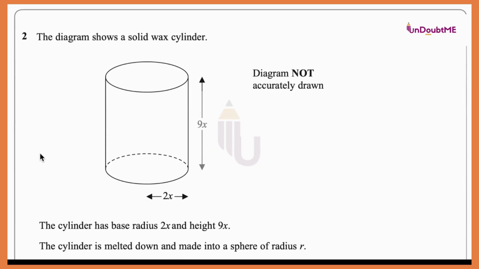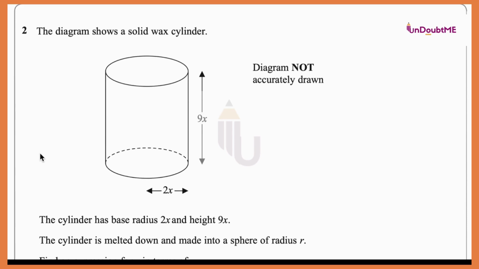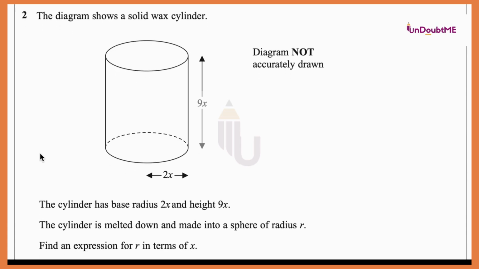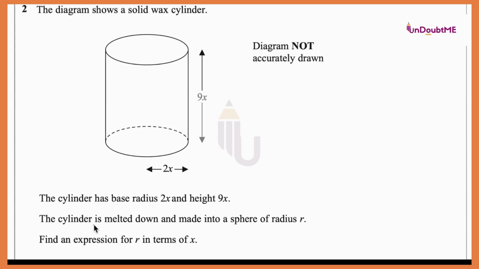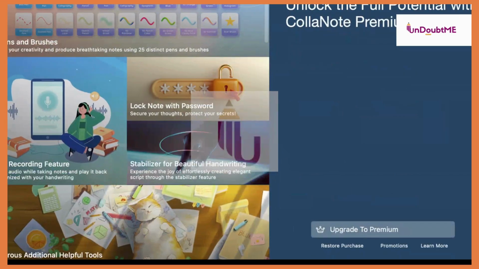Diagram shows a solid wax cylinder. Cylinder has base radius of 2x and height 9x. Cylinder is melted down and made into a sphere of radius r. Whenever it is melted, it means that volume of cylinder or whatever figure, it will be same as the new figure. So over here we need to equate volume of cylinder with volume of sphere.